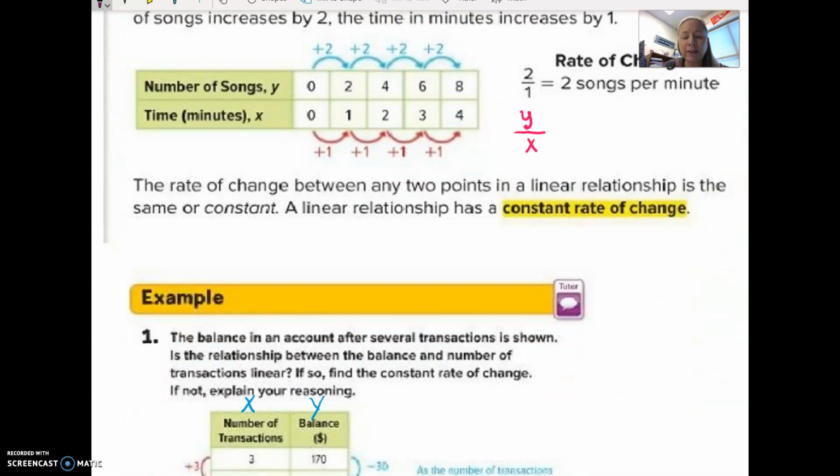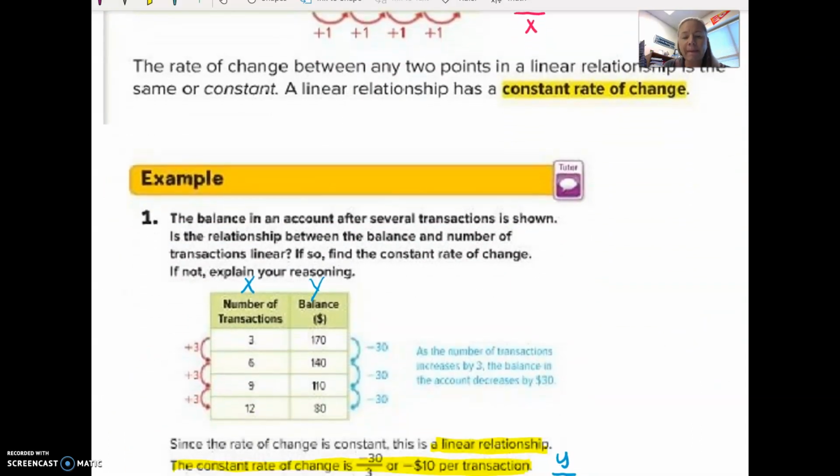So if I look here at this example, we have a table. Notice that I have labeled the first column x and the second column y. It always goes alphabetical when you look at a table, okay? So we can see here as the balance decreases each time by -30, the number of transactions increases by 3 each time.